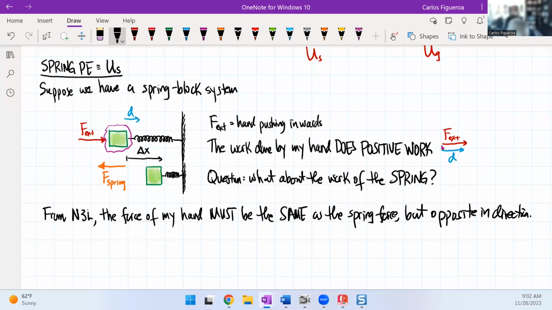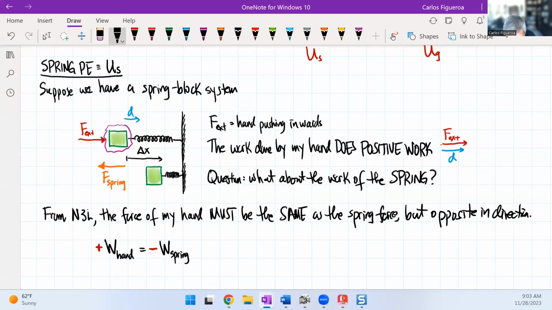So when I'm looking at this, I could then say that the work of my hand must equal the work of the spring. But this time there's a negative sign for the spring and a positive sign for my hand.